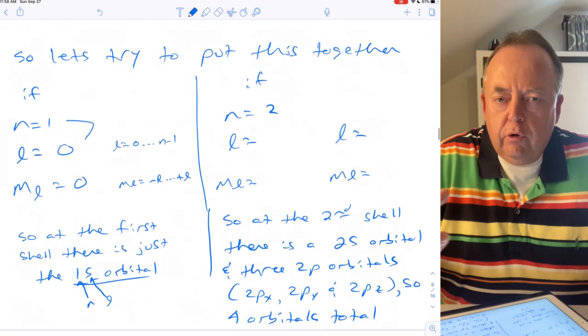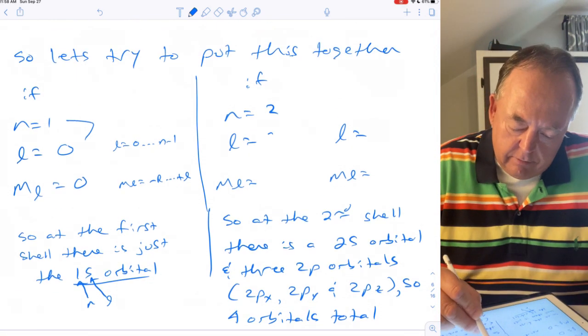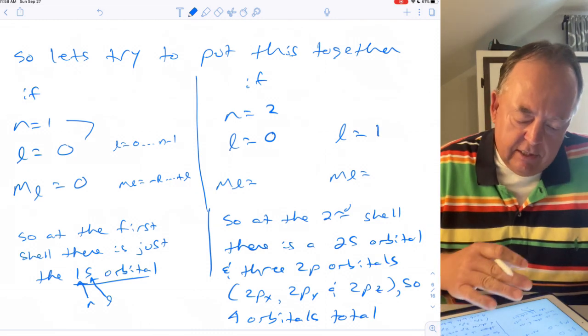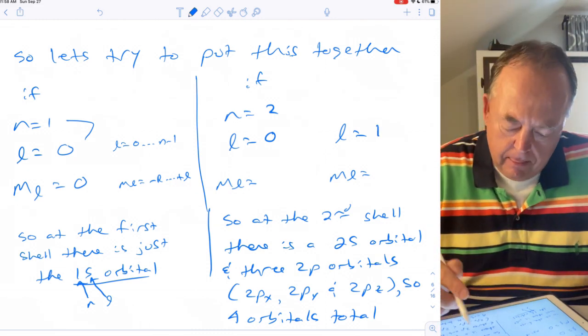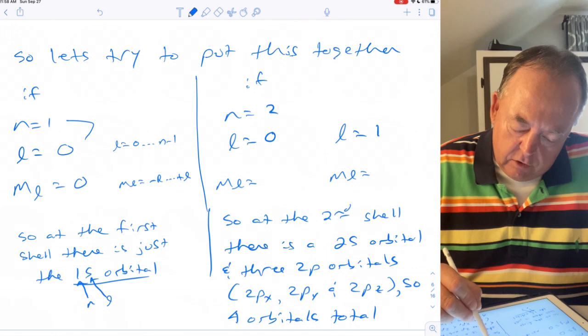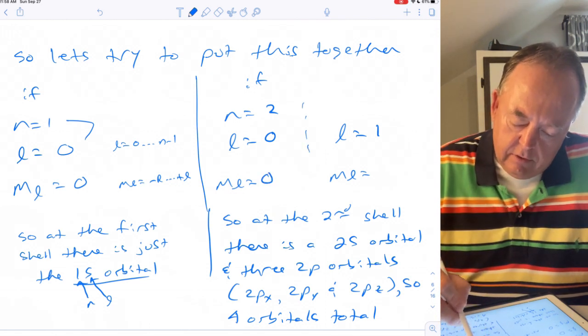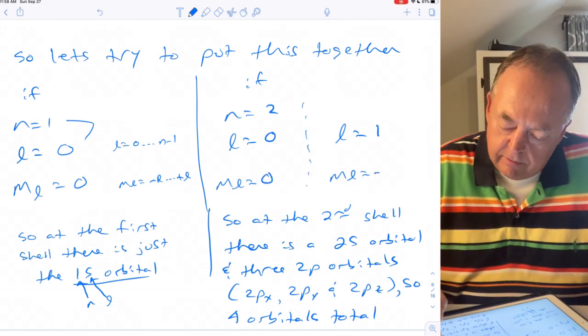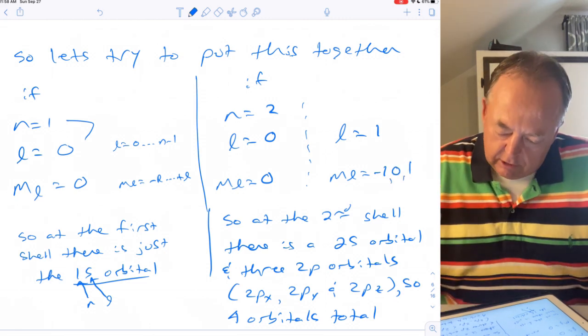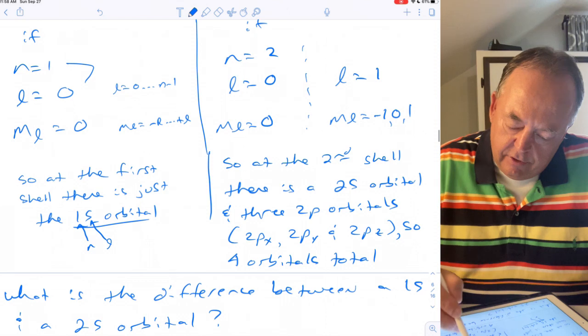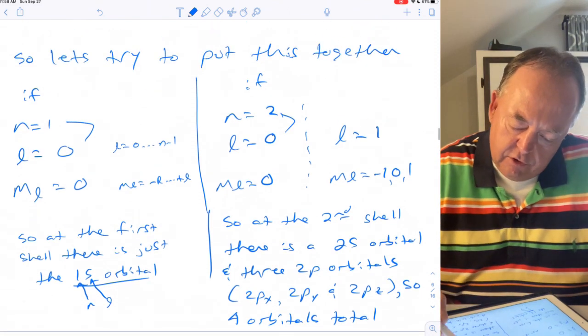If n is 2, so if you're at the second shell, then L could be 0 or L could be 1, because L is 0 to n minus 1. And then if L is 0, m sub L could only be 0. Or if L is 1, m sub L could be negative 1, 0, or positive 1. So what does that mean? That means at the second shell there is a 2s orbital, so this will be 2s.